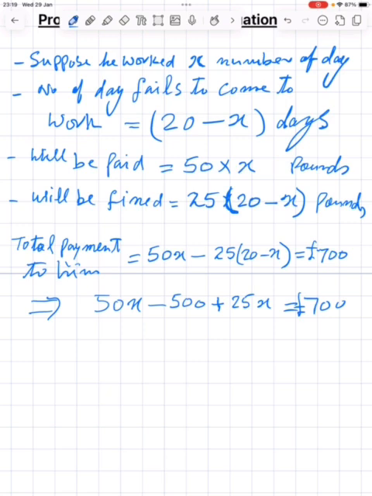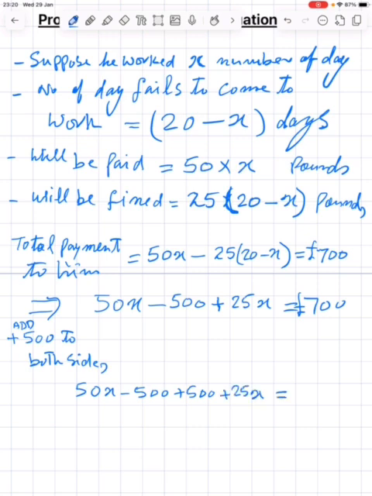So if we add 500 to both sides of the equation, then it'll be 50x minus 500 plus 500 plus 25x equal to 700 plus 500. So this minus 500 and this plus 500 cancel.